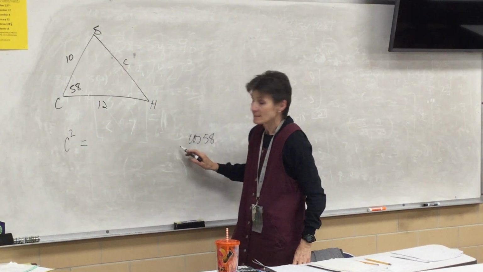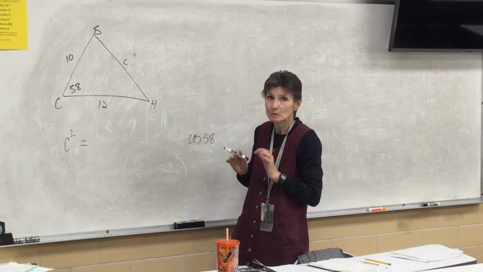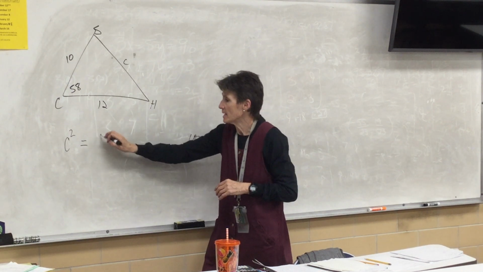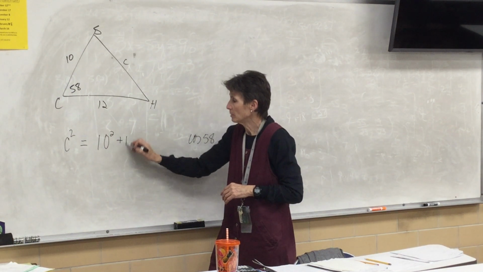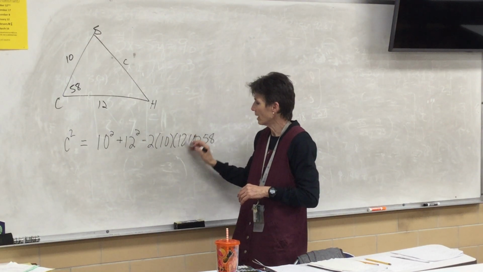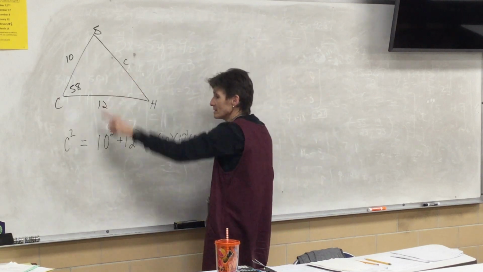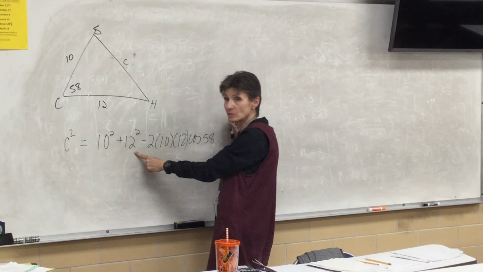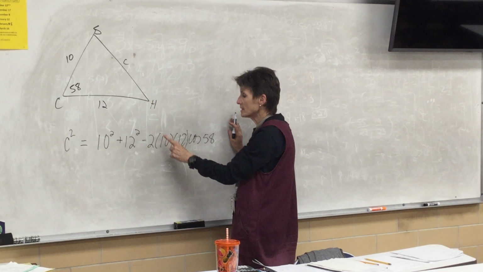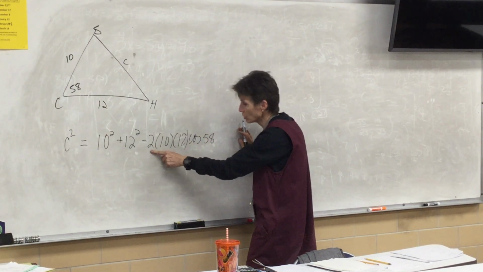Now, all the rest in the middle is a combination of work with the other two sides, so the 10 and the 12. So the law of cosines says 10 squared plus 12 squared minus 2, 10, 12, cosine 58. So it's one of the sides squared plus the other side squared minus 2, always 2, times those two sides times the cosine of the angle. This is all one term.